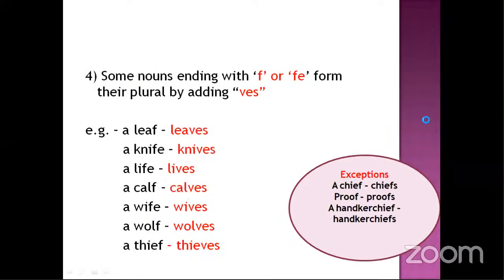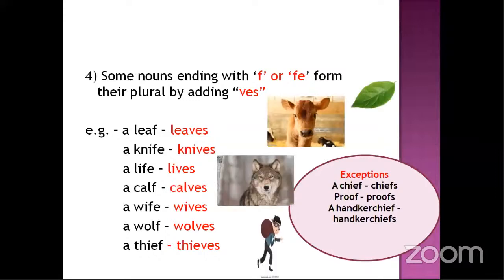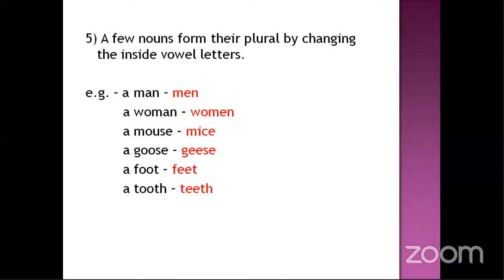The fourth rule is adding VES to the nouns ending in F sound, and there are also exceptions. Here, internal vowel changes: man, men, woman, women. This noun is pronounced as women.